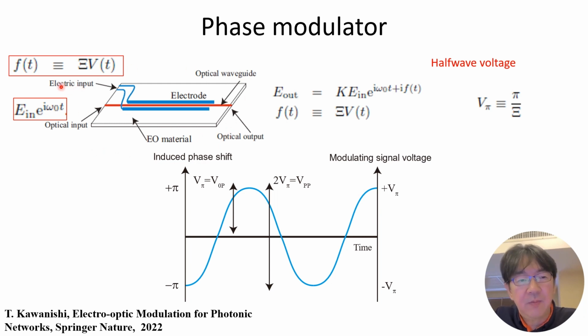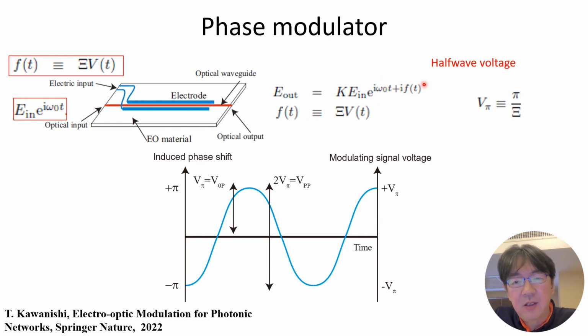We feed the optical input signal from here, denoted by Ft, and here's an optical input, and output will be described by this simple equation.